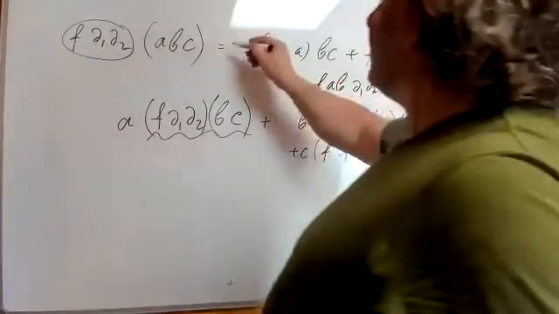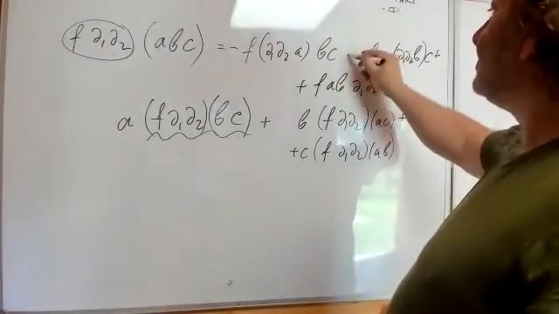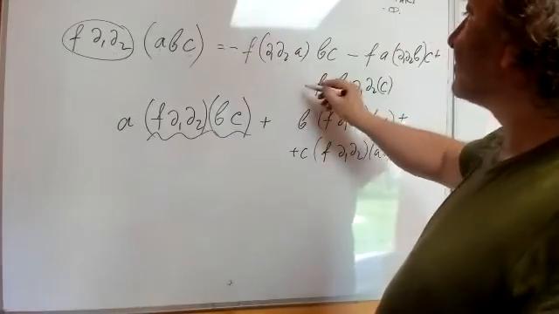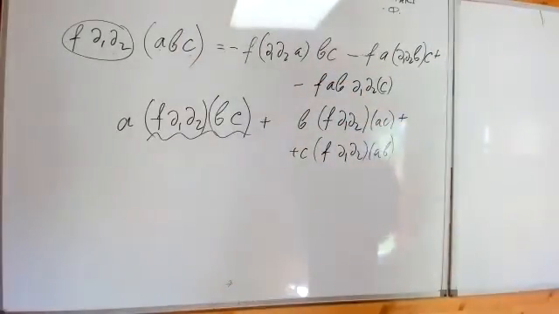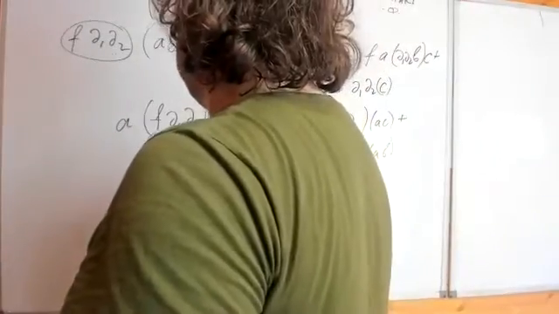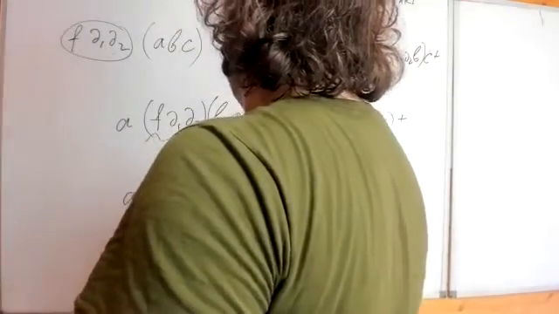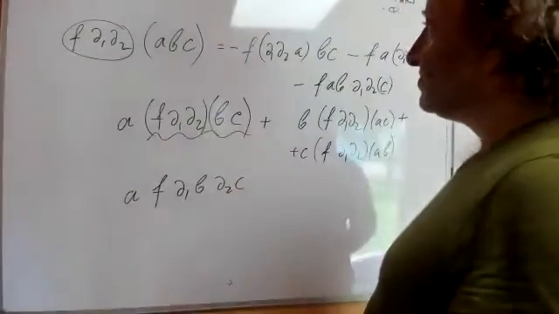So it means that these should be with minus sign, if they are all even, because here I will get D1B, D2C.